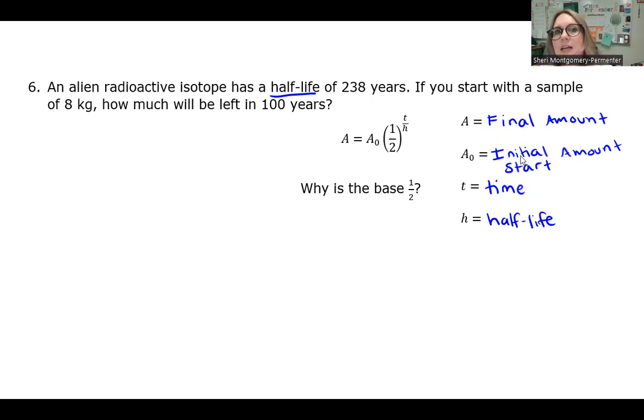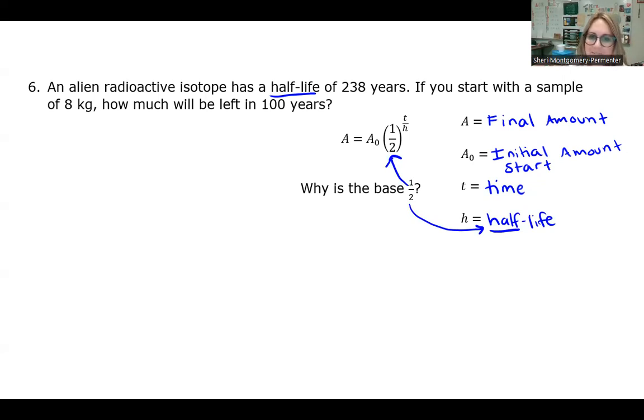So for this, why do you think this base is a 1/2? Yes, because it's a half-life. That's why the base is a 1/2. Because it's a half-life. So let's go through and let's mark up the problem.